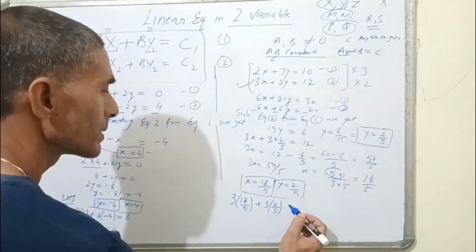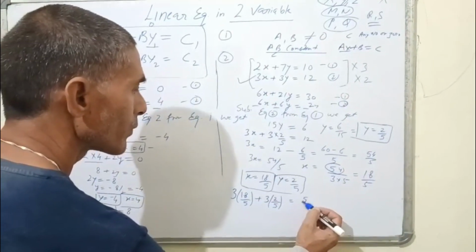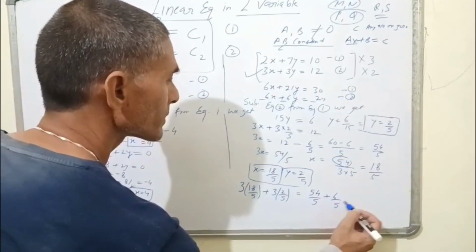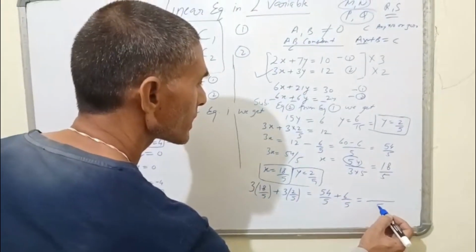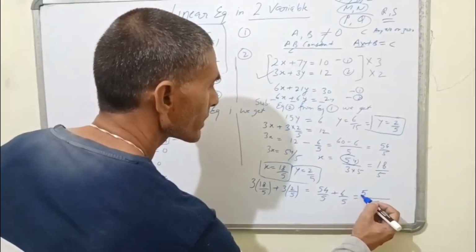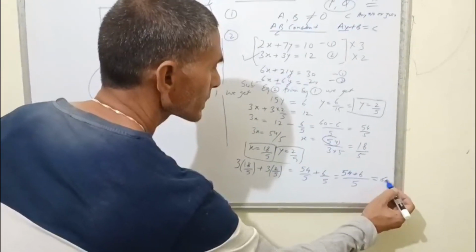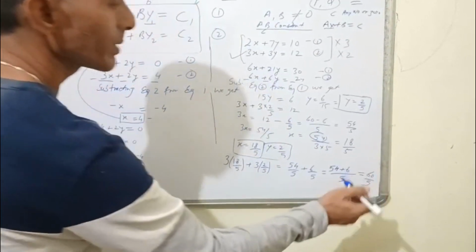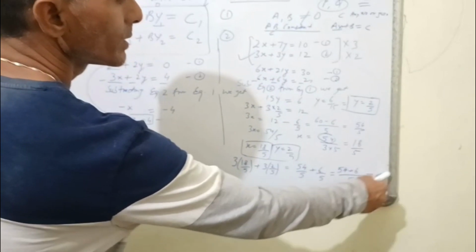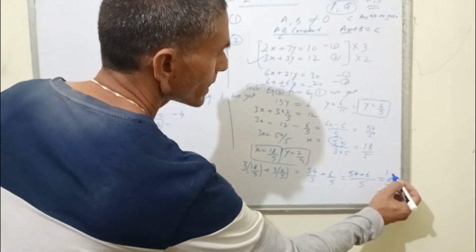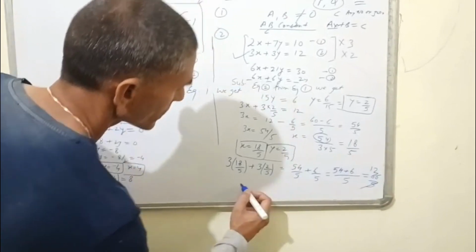If you solve this, 54 upon 5 plus 6 upon 5. Since this 5 is common now, it can be taken straight, and the numerator values can be added directly, which will become 60 by 5. And 60 by 5, you know the table of 5 now, so that will become 12. So this is equal to 12.